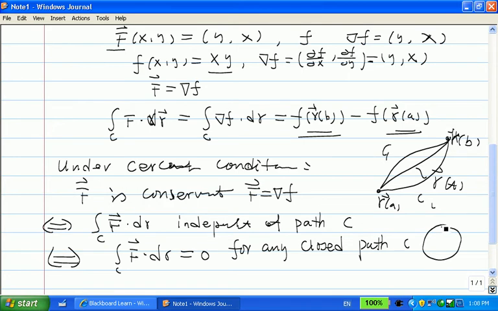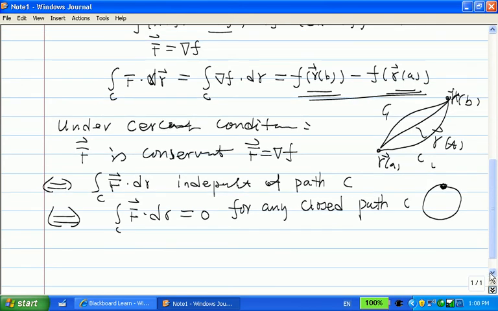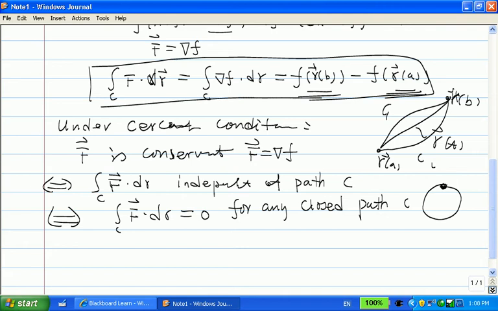It means like that. For the closed path, your starting point and end point will be the same. So the difference will be zero. That's why you got 0, which is not hard to understand. Okay, so we call this the fundamental theorem for the line integrals.